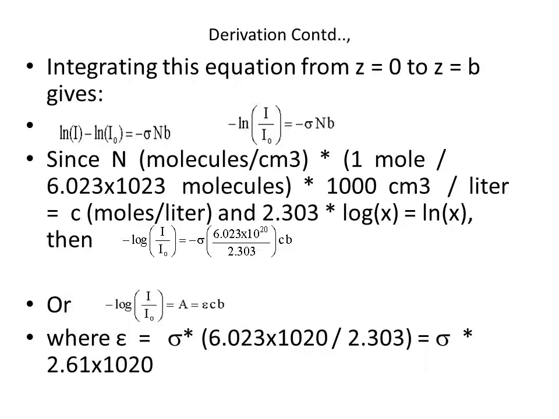Since N molecules per cubic centimeter is multiplied by 1 mole and by 1000 cubic centimeter per liter, N is replaced by 6.023 into 10 power 20 divided by 2.303, into Cv. It can be given as minus log I by I naught on the left hand side, which is equal to A, which is equal to epsilon Cv, where epsilon is sigma into 6.023 into 10 power 20 divided by 2.303.